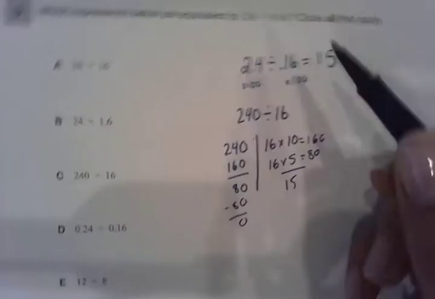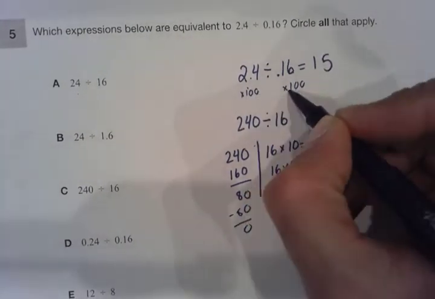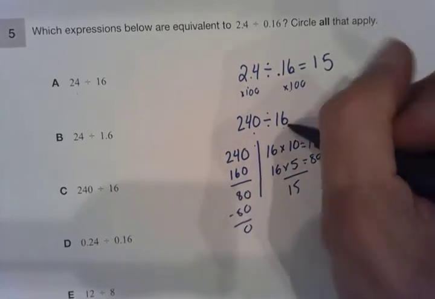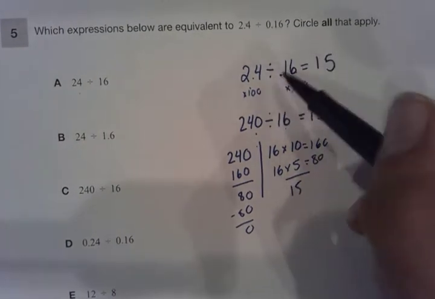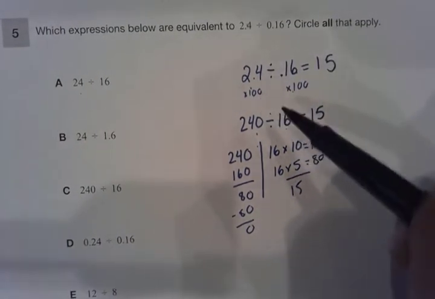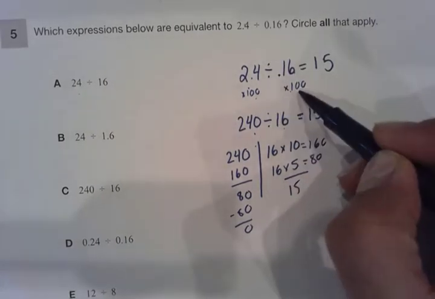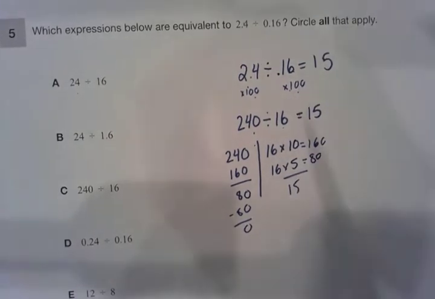For example, with 2.4 divided by 0.16, we multiplied both numbers by 100, so 240 divided by 16, and that's why both answers are equivalent, because what we did to both numbers was the same operation. It's not like we multiplied one by 100 and divided the other by 10. Both were multiplied by 100, making the answers the same.